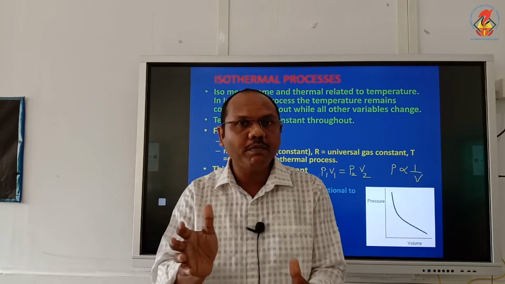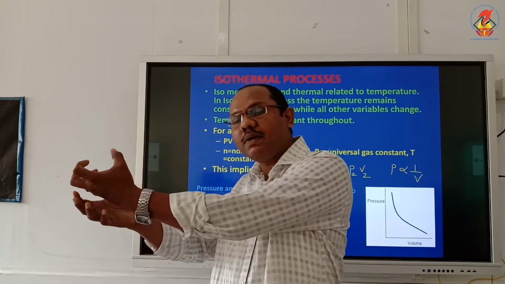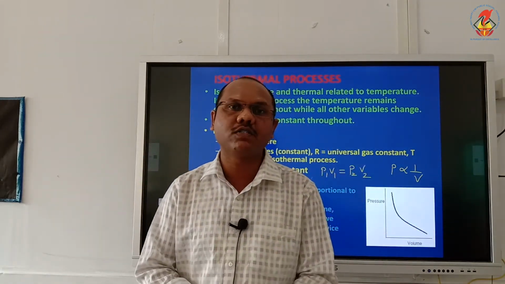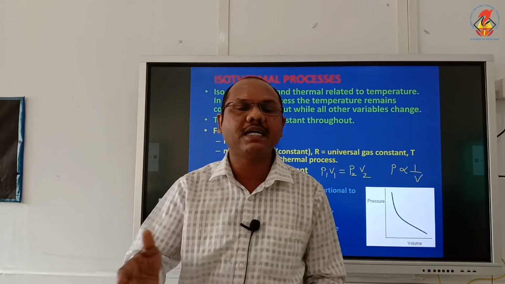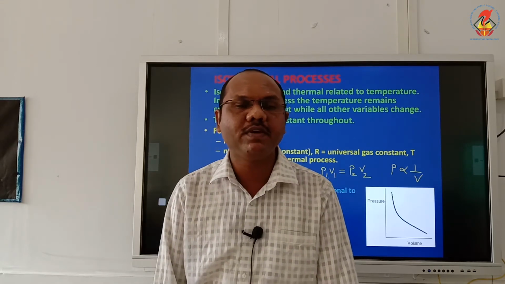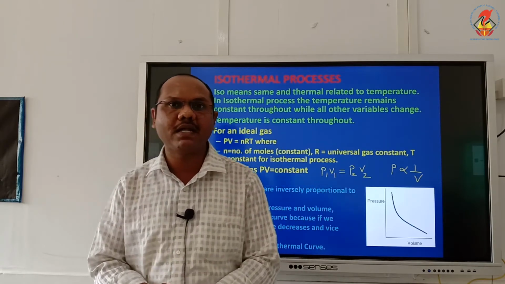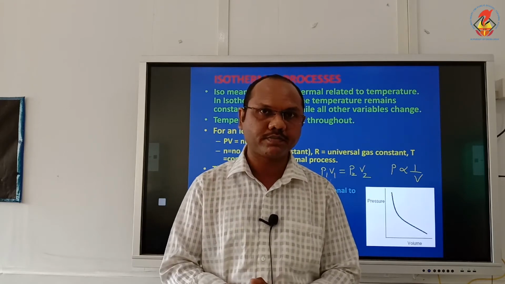So, in order to maintain the temperature constant, some heat has to be absorbed from the surroundings. Only then the temperature will remain constant. Otherwise, the gas will cool down. So, the heat exchange has to take place between the system and the surroundings. That is why it should be separated by a diathermic wall. So, that is the first condition.